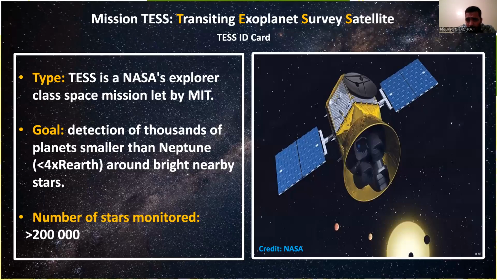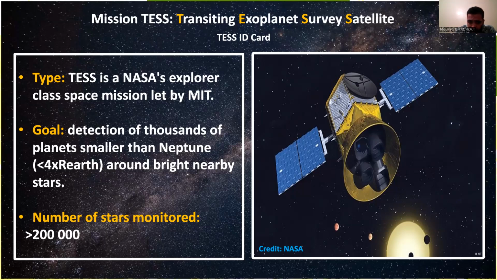Here it's very important to talk about the mission TESS. TESS is the acronym of Transiting Exoplanet Survey Satellite, which is a NASA Explorer class space mission led by MIT, whose goal is the detection of thousands of exoplanets smaller than Neptune and orbiting bright and nearby stars for easy spectroscopic investigations by the James Webb Space Telescope.